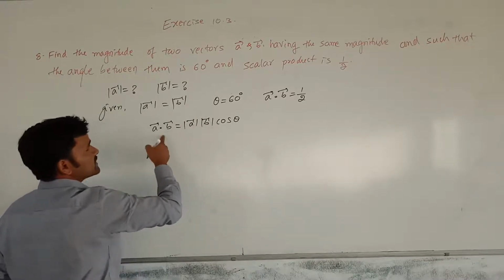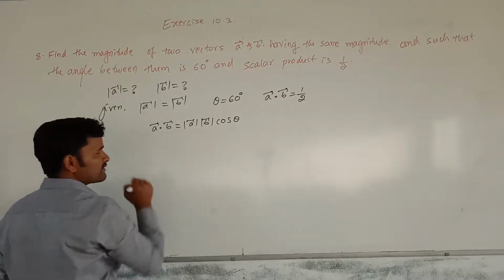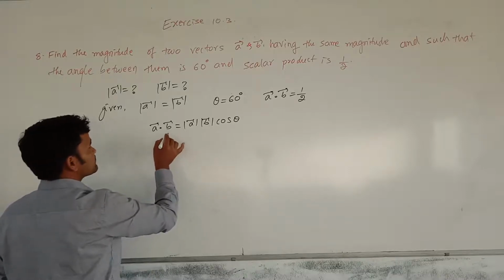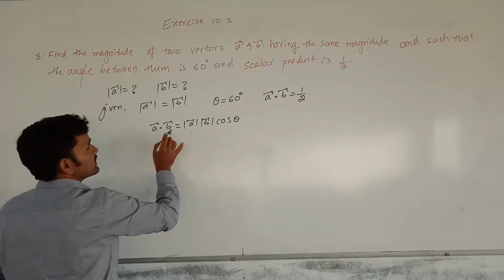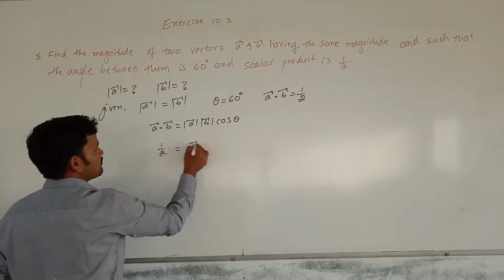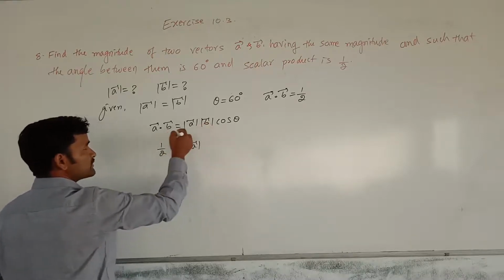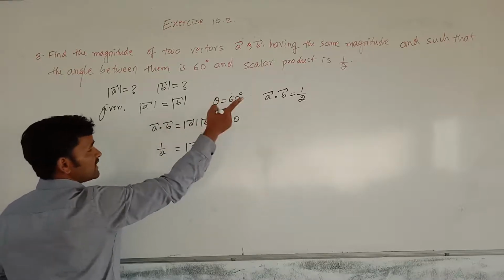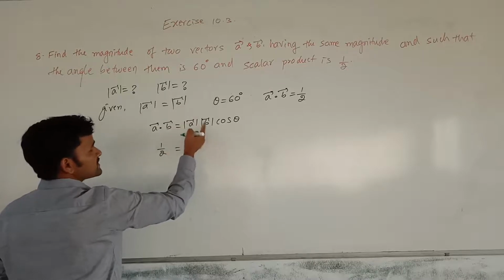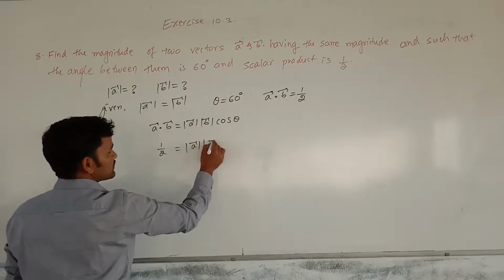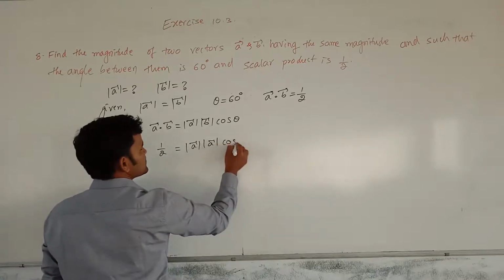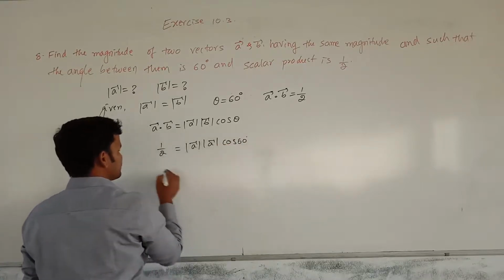A dot B is directly given to us, so we will find this very easily. Okay, let us substitute. A dot B is 1 by 2, which is equal to magnitude of A into magnitude of B. They have given you having the same magnitude, means magnitude of A is equal to magnitude of B. This one also we will write as magnitude of A only, into cos theta, means cos 60 degree.